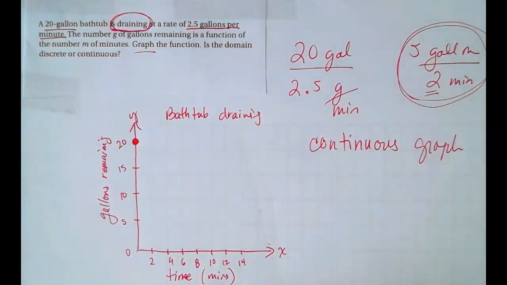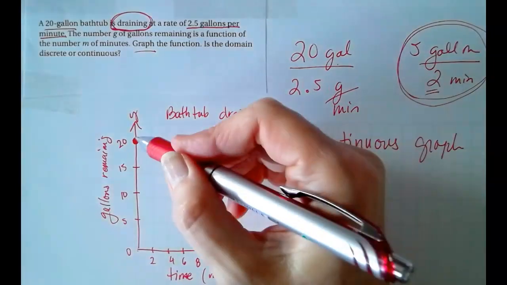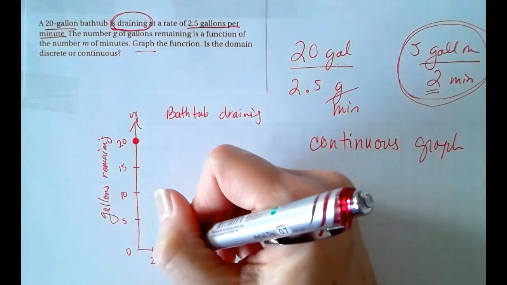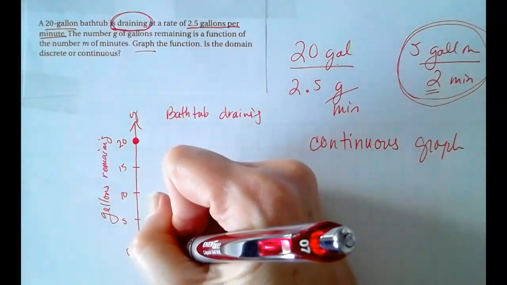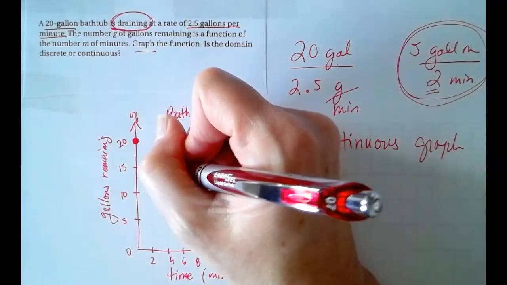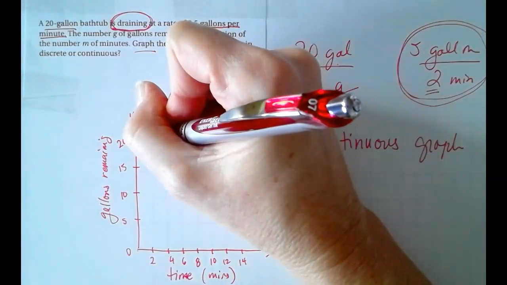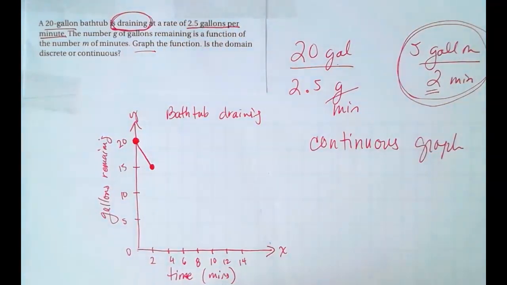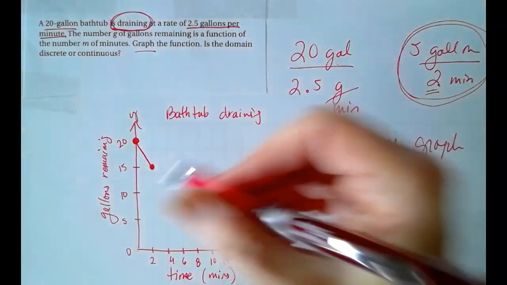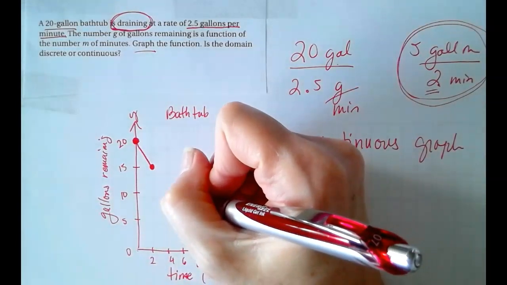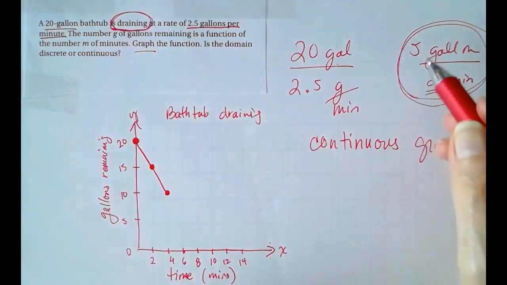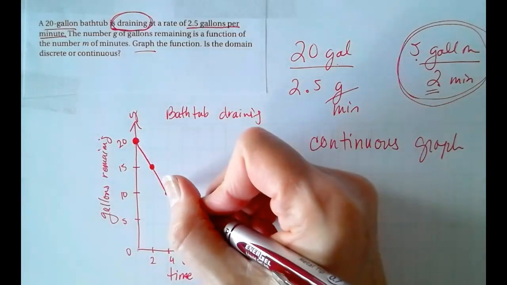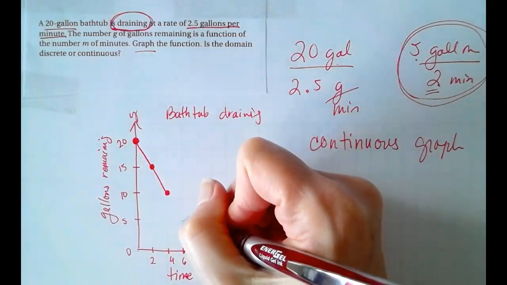This is going to be a continuous graph where we start at 20 and then after 2 minutes, 5 gallons have left. So after 2 minutes, 20 minus 5 is 15. So basically the water is draining continuously out of the bathtub. 2 more minutes later, 5 gallons less, that's going to be 10. 2 more minutes later, another 5 gallons are gone. 10 minus 5 is 5.